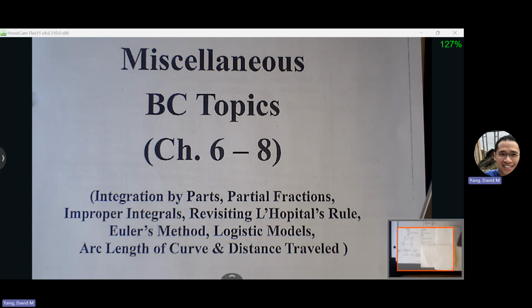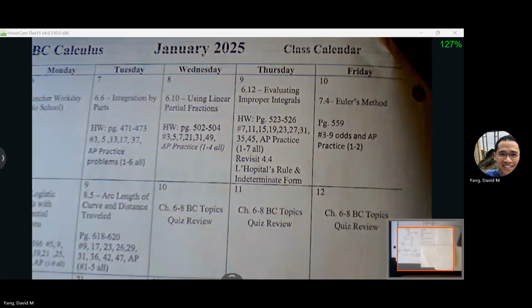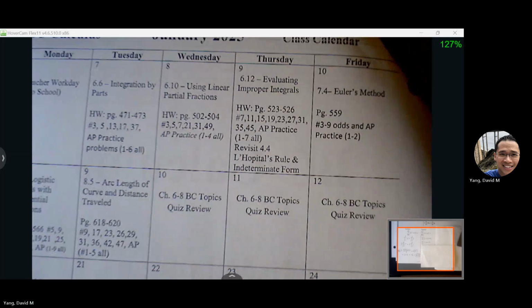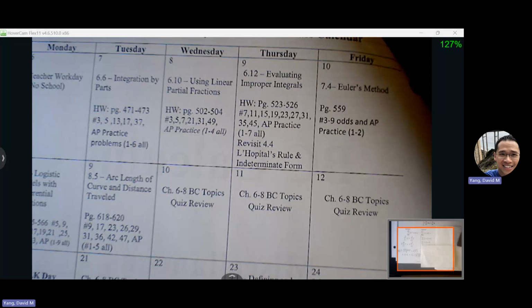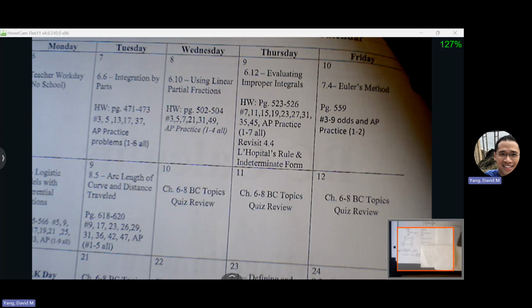So today we'll start with integration by parts, and I'll go over the calendar here. Wednesday we'll do linear partial fractions, or partial fraction decomposition, which is really another way of dealing with integral rules that we haven't seen before. Then evaluating improper integrals, where one of the bounds is either infinity or at an asymptote.